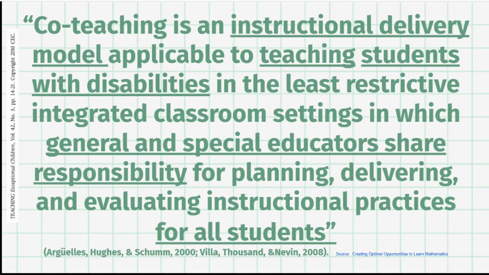We're going to put this in the least restrictive environment, and we're going to be sharing the responsibilities for planning, delivery, and evaluating instructional practices for all students. So that's how we're defining it today, between those 2 definitions.